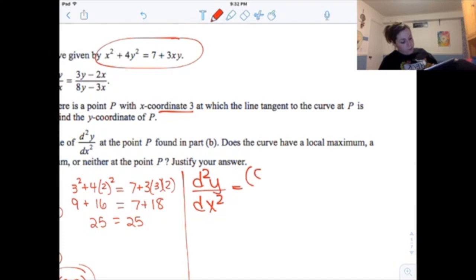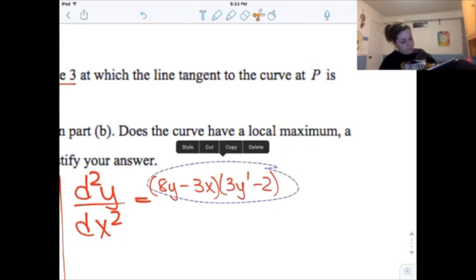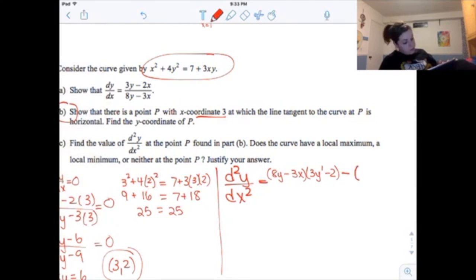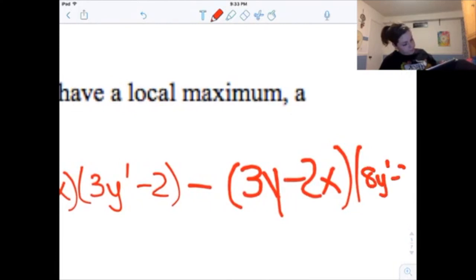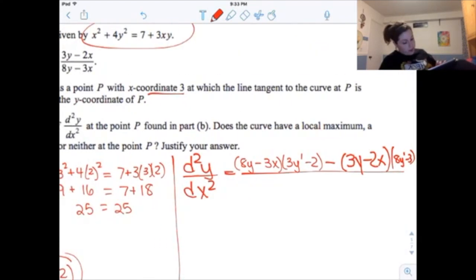So I'm going to do low d high, which is 3y prime minus 2, low d high minus high d low. Let me shrink this a little bit. Minus high d low, which is 8y prime minus 3, all over low squared, which is (8y minus 3x) squared.